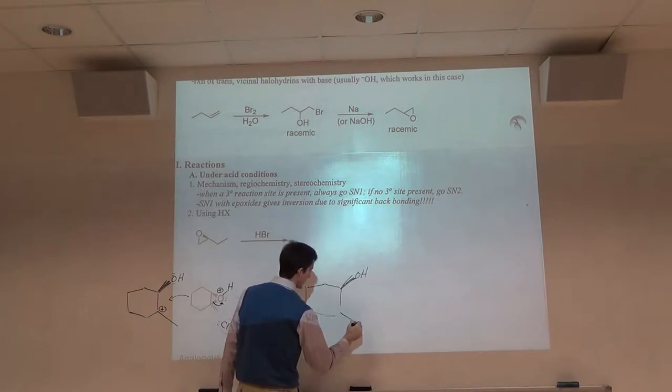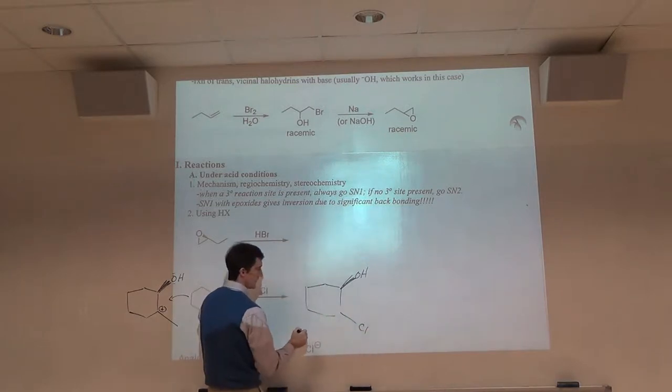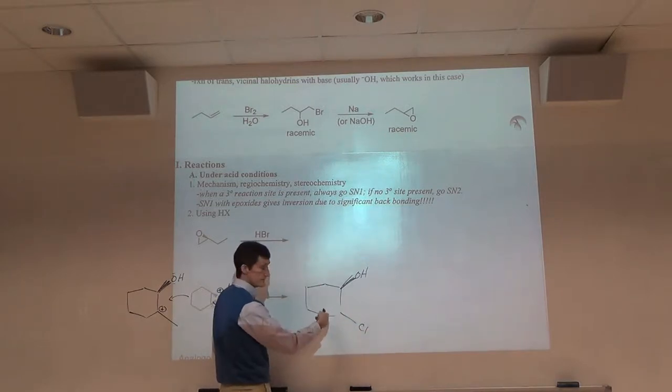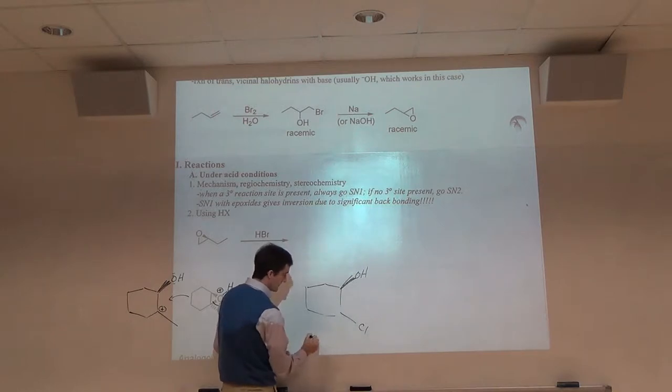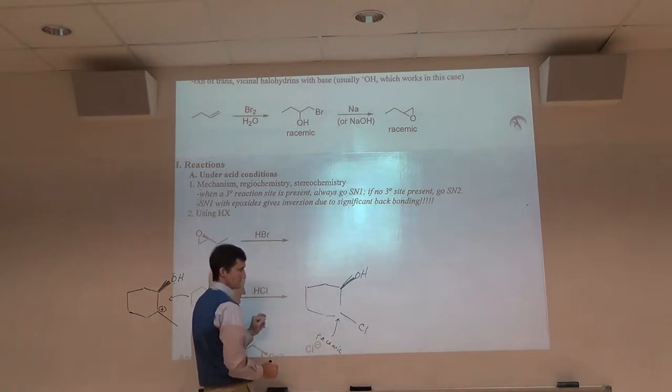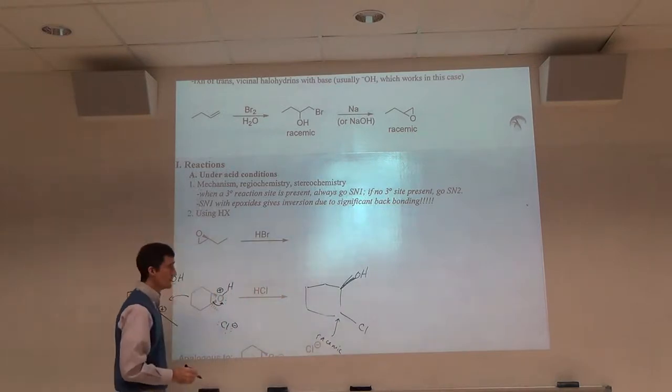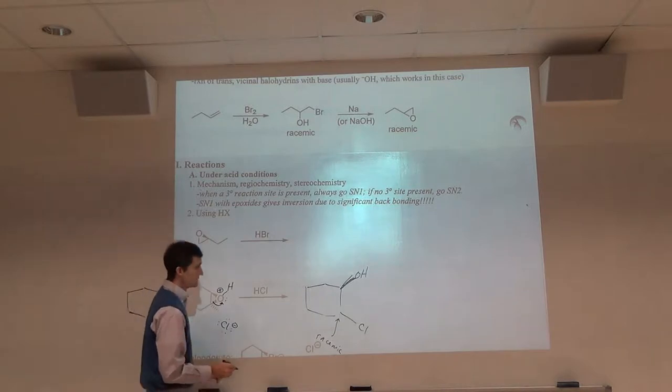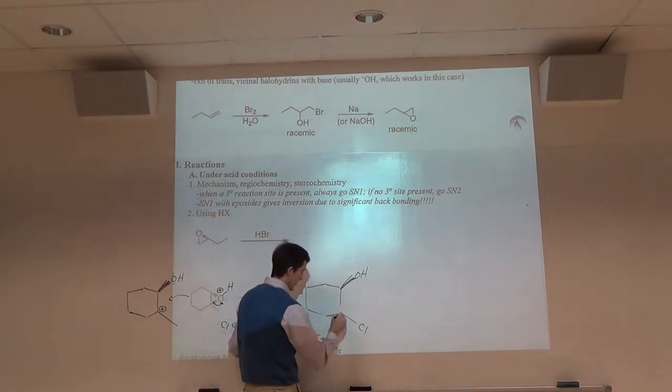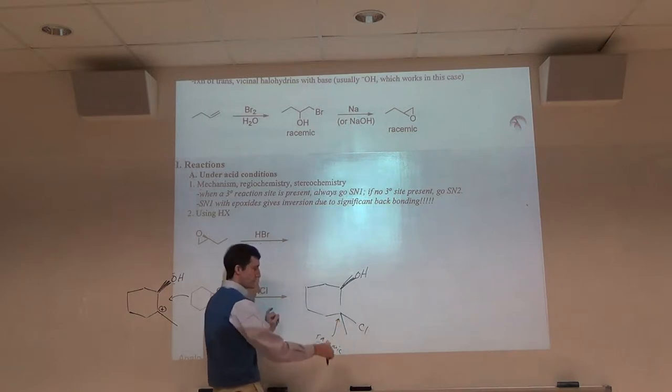This we would show just as a Cl. That's connected, right? That's my bond. And we would say racemic. That's a chiral carbon, but we're saying it's racemic.